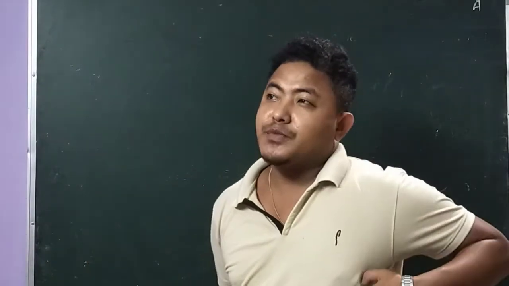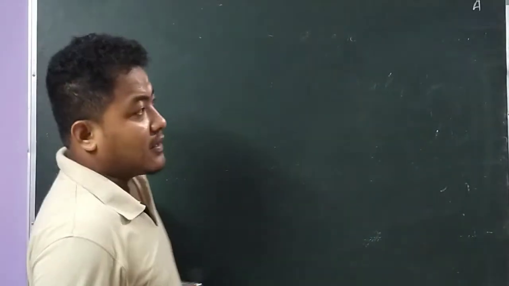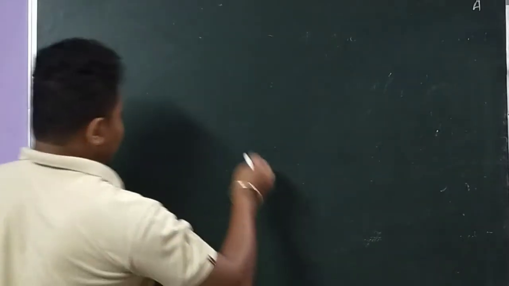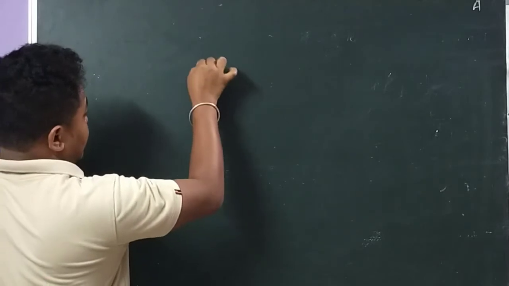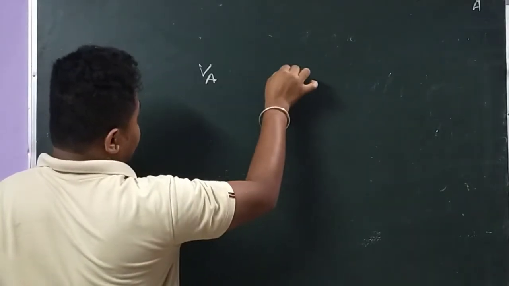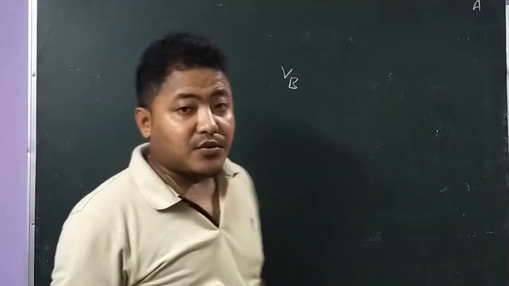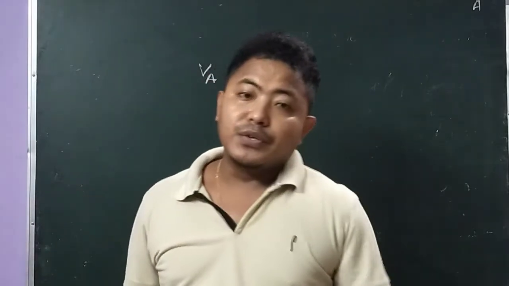Now for the time being, let me consider two objects that are moving with a uniform average velocity. Suppose we have taken two objects A and B, and VA and VB are the average velocities of those two bodies, which are moving uniformly.